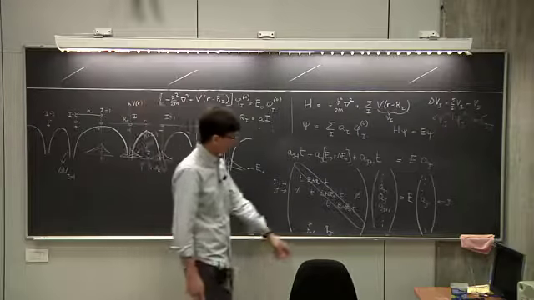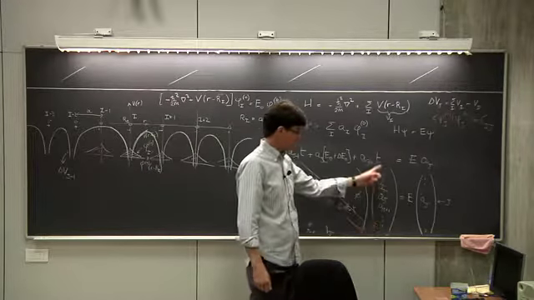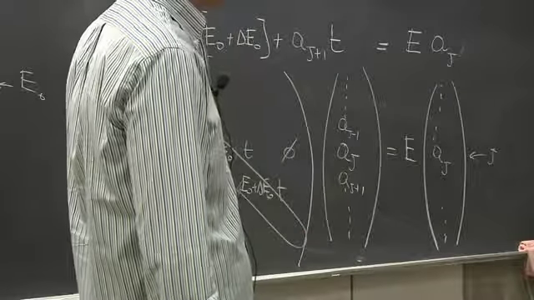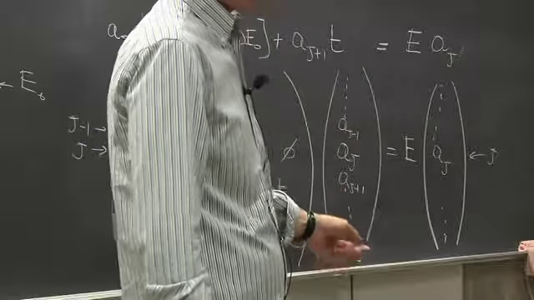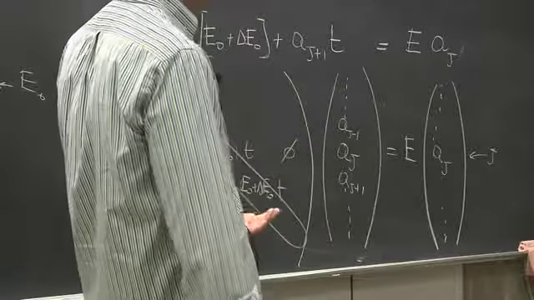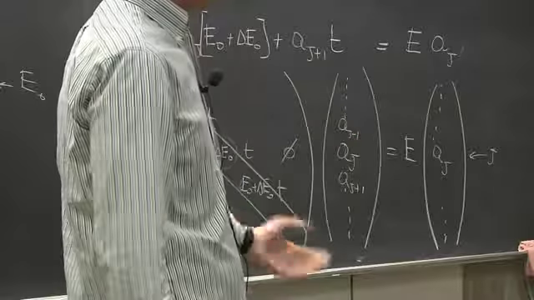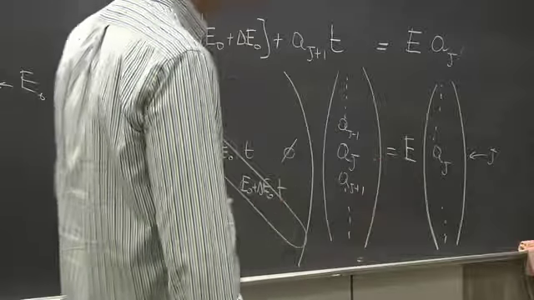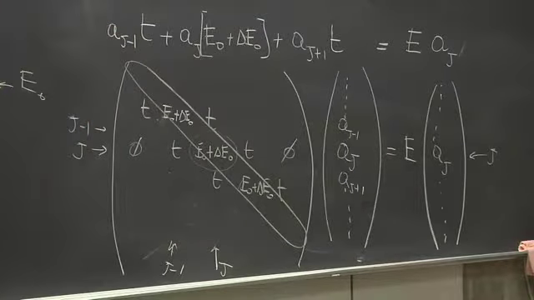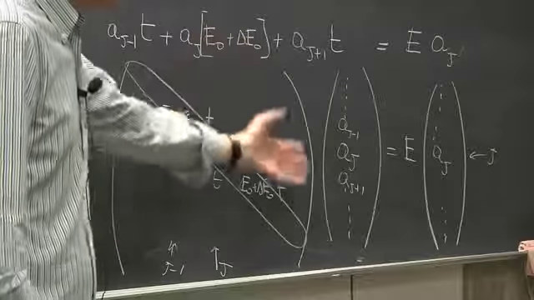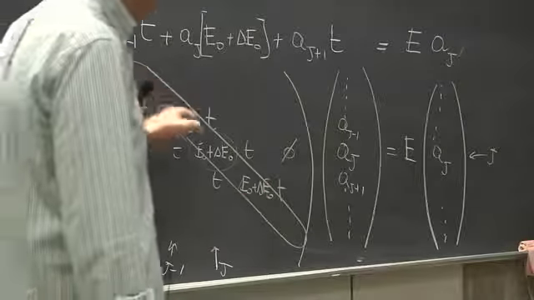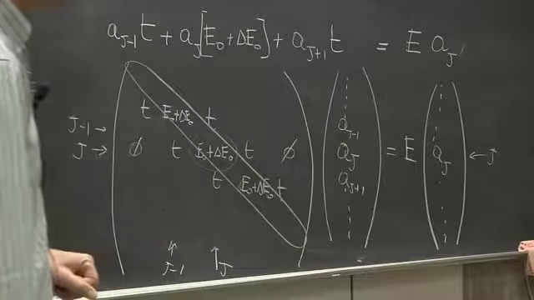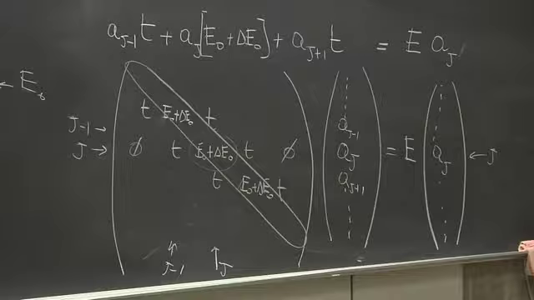We have infinitely many AJs, coefficients, to determine. So we need to determine a vector. These are all our unknowns, and this vector, which contains infinitely many terms, is the solution of an eigenvalue problem for this infinitely large matrix H, made of a diagonal term and an off-diagonal term that is t, just one element off the diagonal.